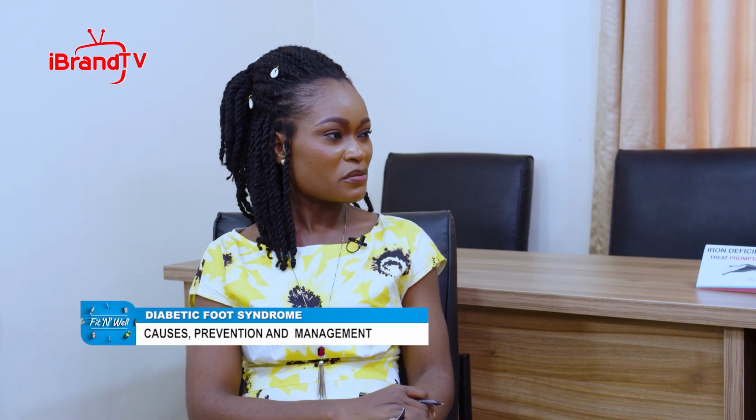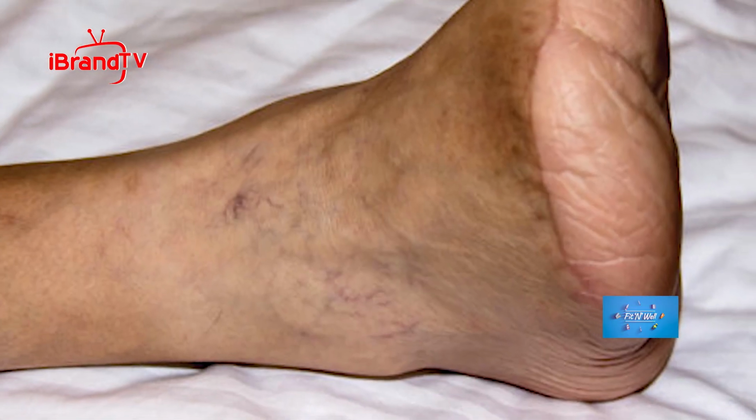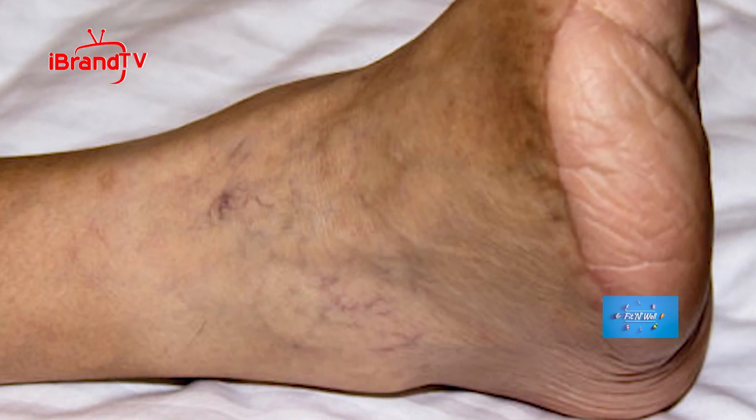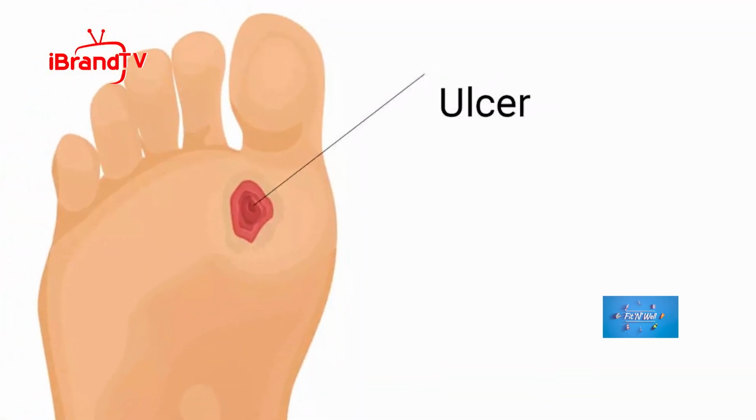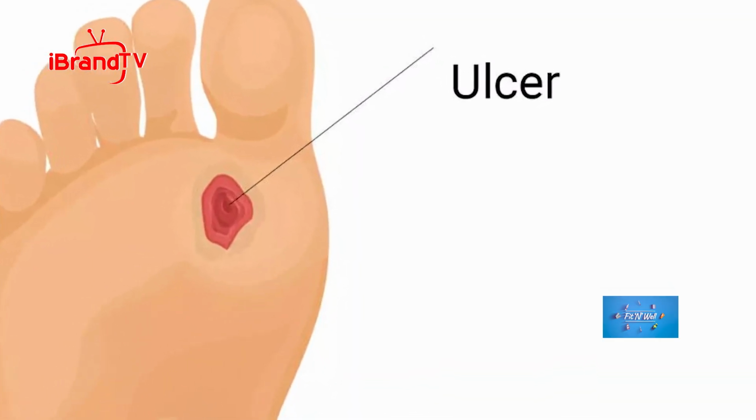All right, let's talk about the symptoms now. There can be a tingling sensation. There may be painful stimulus. In some cases, the individual may not feel any stimulus at all. There may be deformity to the limb, because once there is an open wound or ulcer, the foot would not be in the proper alignment.